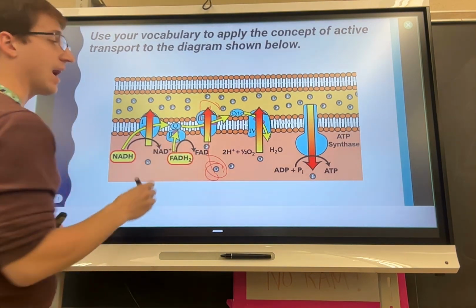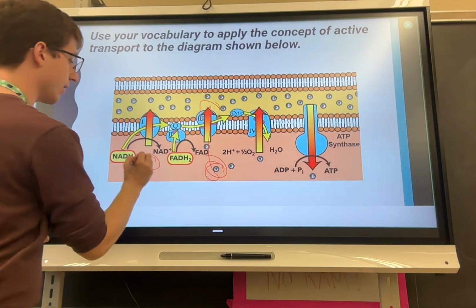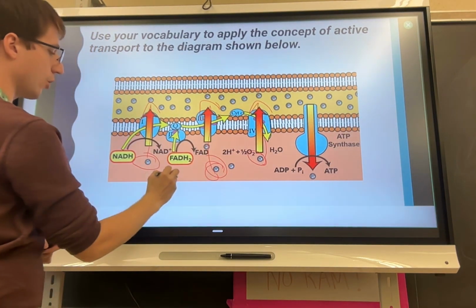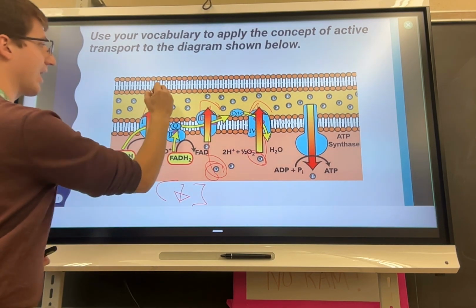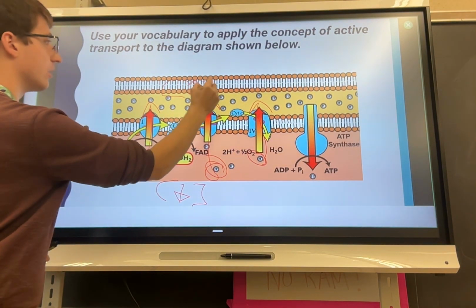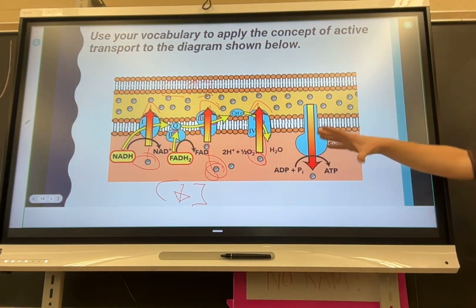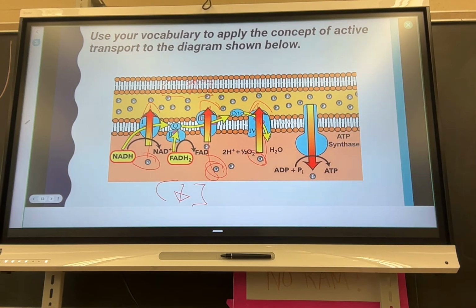So we have these hydrogen ions, these H+, and they're going through these different proteins from low concentration to high concentration. Now I will say that you cannot see the ATP in this. This process, I believe, uses ATP. But the main goal of it is to produce ATP.